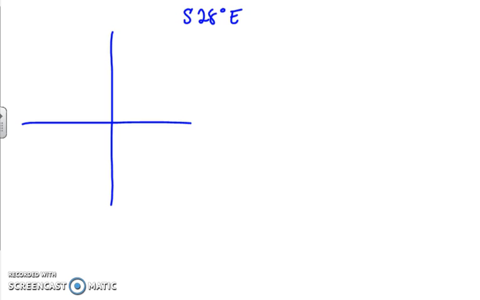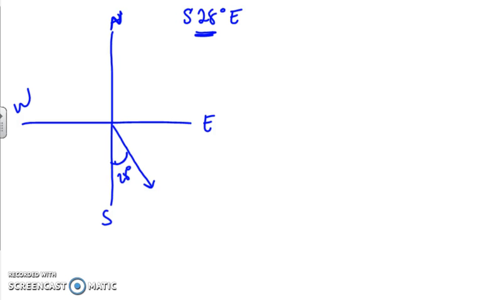Think about north, south, east, and west. If I'm headed in the southeast direction, so this is me walking along here, I am 28 degrees away from the north-south line. So this is my angle, 28 degrees, when I'm talking about that bearing.